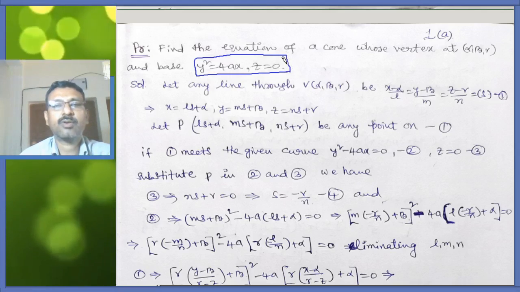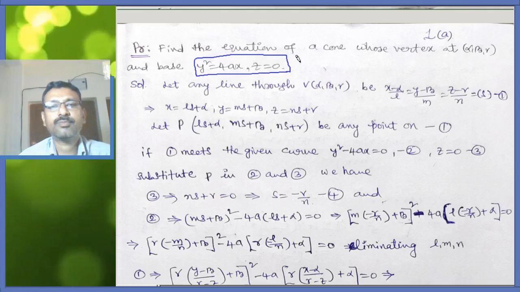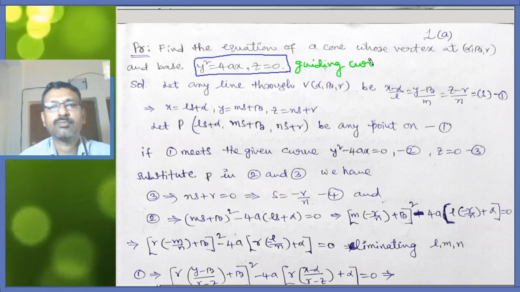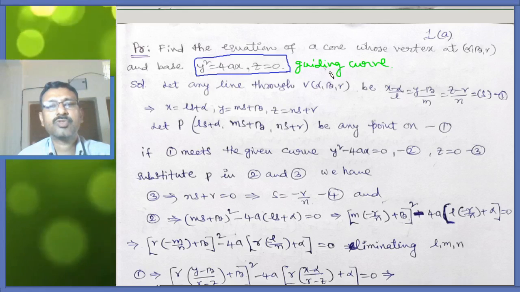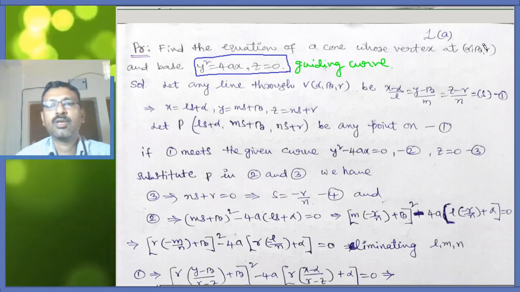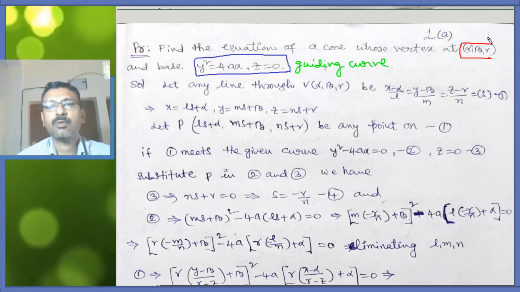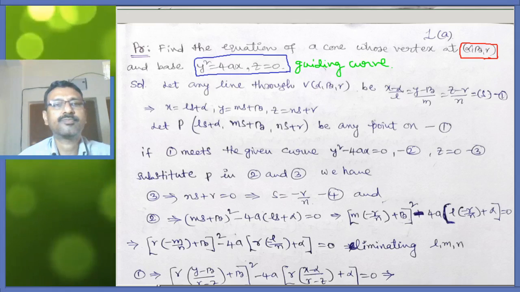This is the base curve, or we can say guiding curve. So as usual, we are given the vertex (alpha, beta, gamma) and the guiding curve.